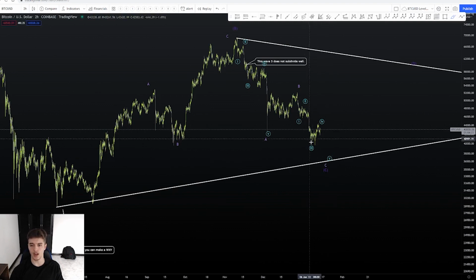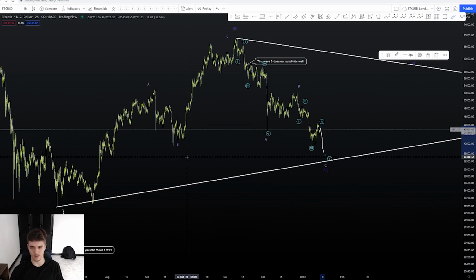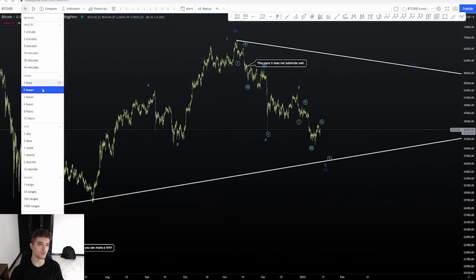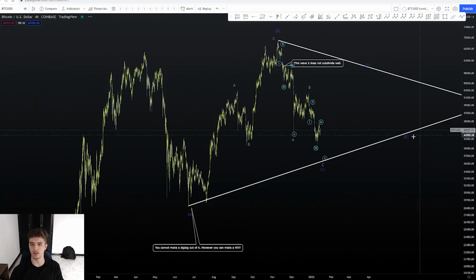So we have to wait and see what happens, but I am preferring for it to come a little bit lower, maybe below these lows at least, or even down here to about 37K-ish. We'll have to wait and see, but that's basically the second count right here, the running triangle. I'll zoom out a little bit more if you guys just want to take a moment to see what it looks like.